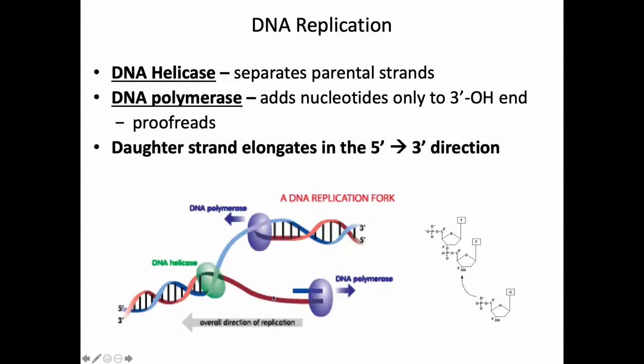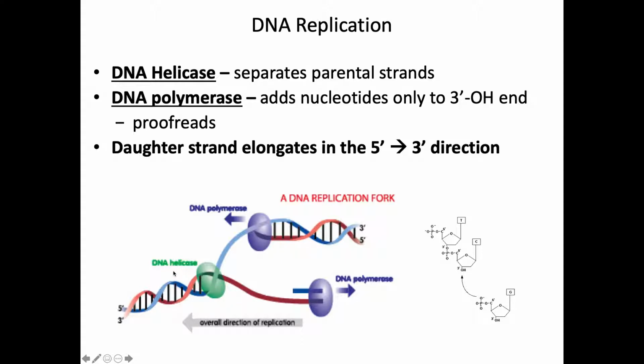Okay. So here you have your DNA double-stranded double helix. The first thing that's going to happen is that you're going to have an enzyme called DNA helicase. What it does is break those hydrogen bonds to separate the two parent strands.